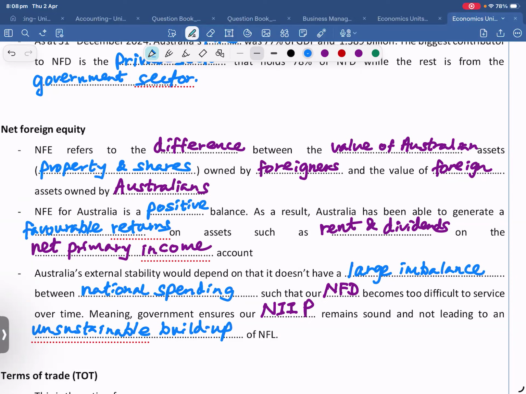Remember, I told you usually the factor incomes are recorded in which section in the current account?